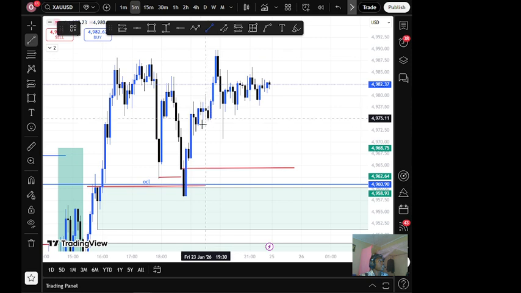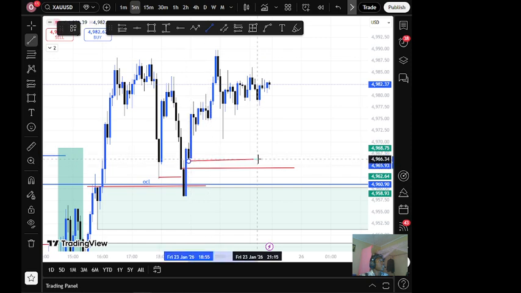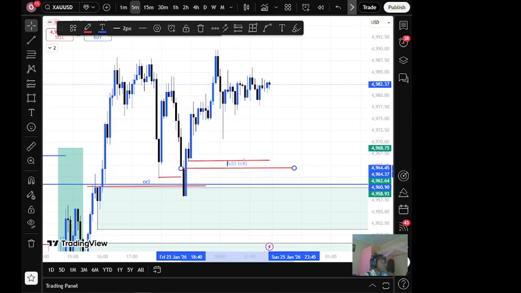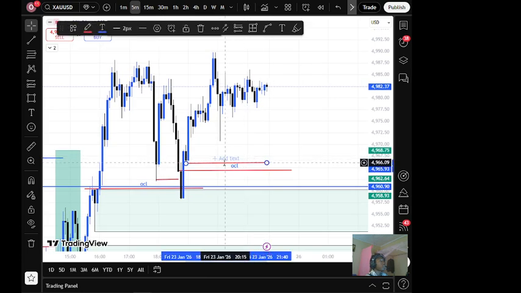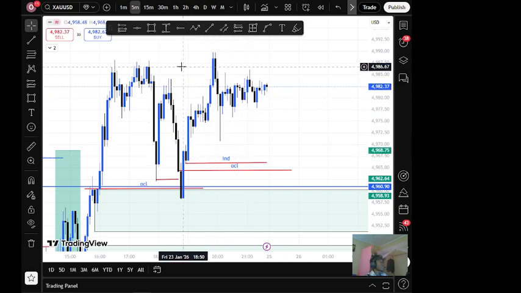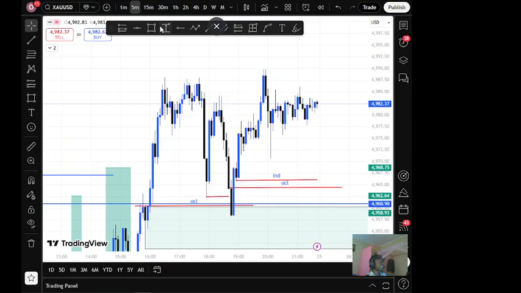And also there's a liquidity resting here. There's an inducement. So you'll see that at the lower time frame, the price changed character.